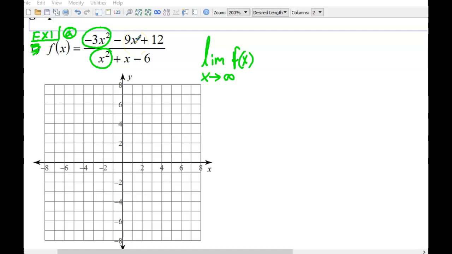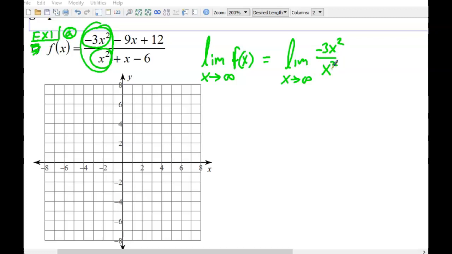If I want to find the end behavior for that function, then that's basically going to be the same thing as the limit of just these two, because really it's these two that are determining what happens. So I don't really need to include the other numbers.